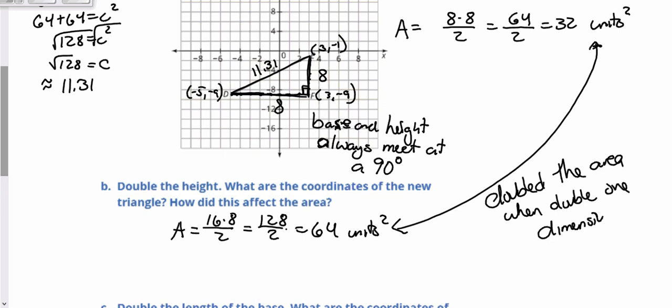So when you double either the base or the height, it doubles the area as well. And the same thing would be if I doubled the base and doubled the height, then it would be 4 times as big.